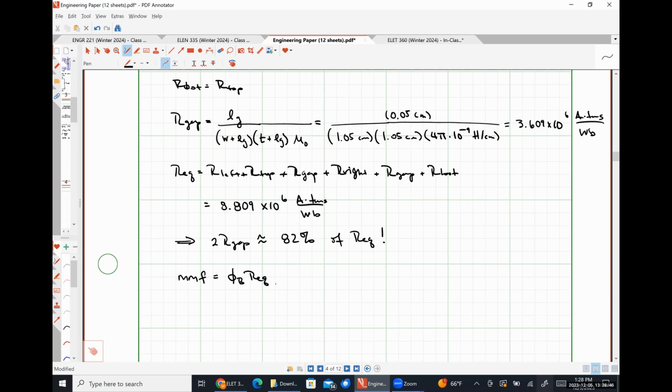We were given a flux of 100 microwebers. We found our equivalent reluctance to be 8.809 times 10 to the 6 amp turns per Weber. And so our MMF is 880.946 amp turns.